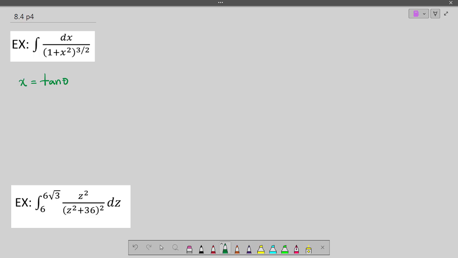That exponent 3 halves is a square root quantity cubed. And so that substitution is going to allow us to then implement that exponent. That exponent can't be implemented when there's a sum down below or a difference. We can't break it apart. So that's going to be our strategy. Let's see.